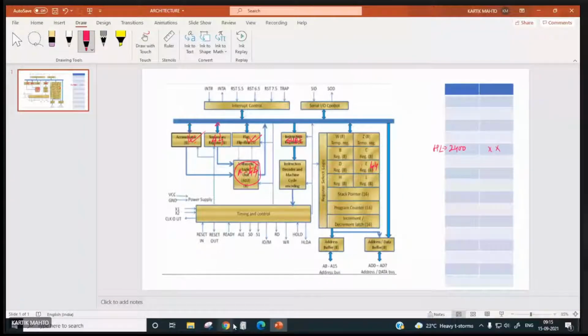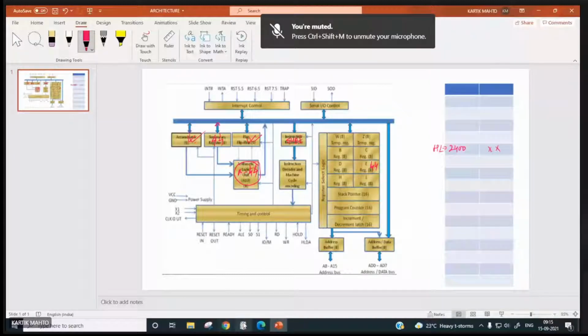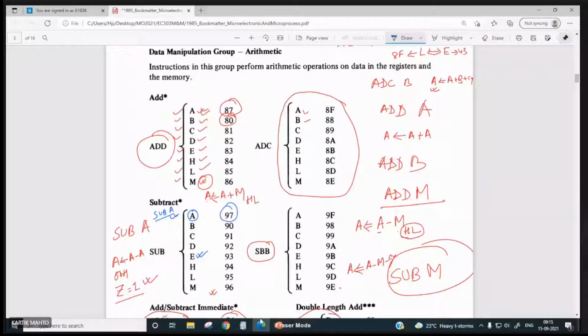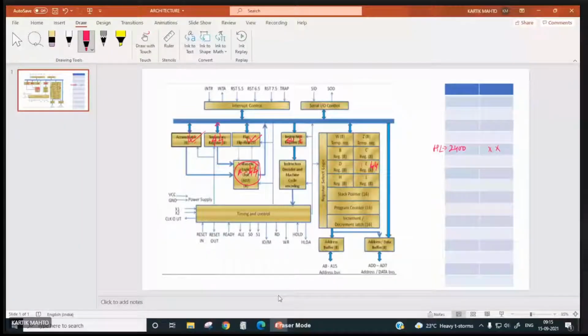Next instruction, SUB M, the corresponding opcode is 96. So if 96 is the opcode and HL is say 2400, then what exactly is it going to do? HL will be put out from here, ALE will be made high.